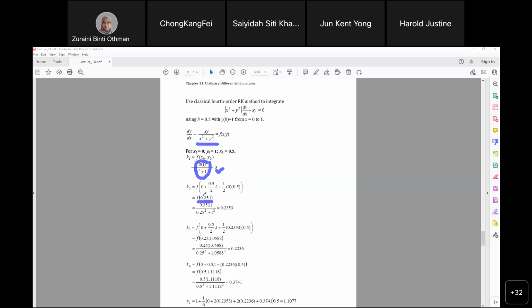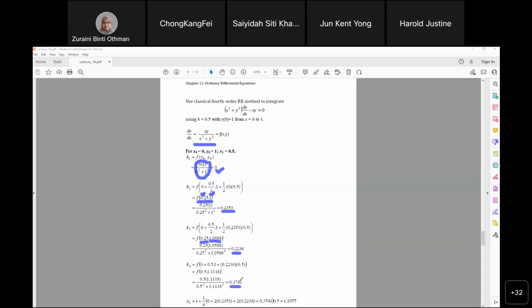Then we have to put X 0.25 and Y 1 dalam equation ini. And we get this value. It same goes to K3. Look at the formula for K3. Then you get this value. After you get this value, put it back to this equation given. Then you get this K3 and same goes to K4.